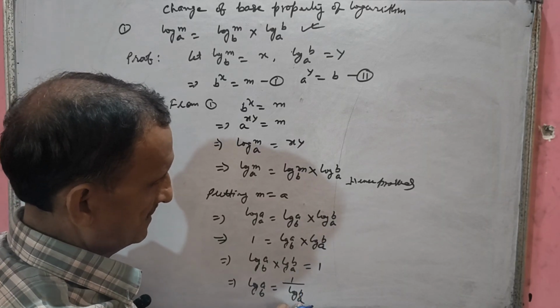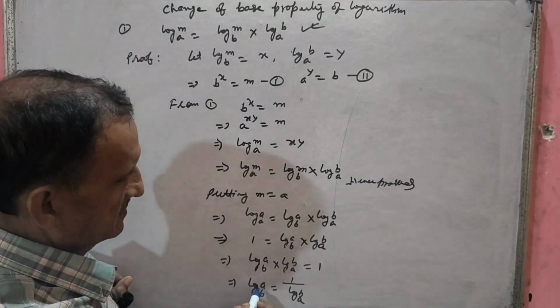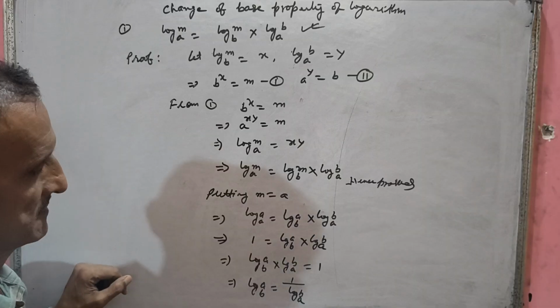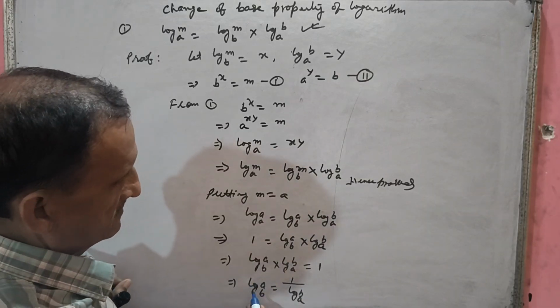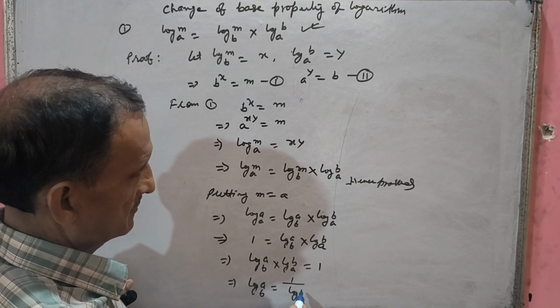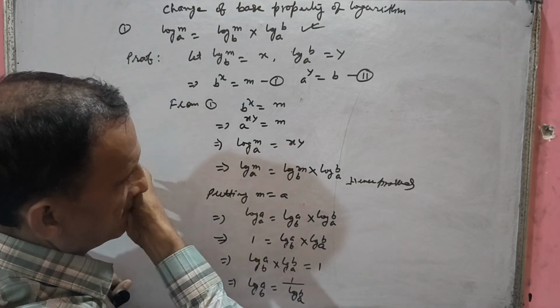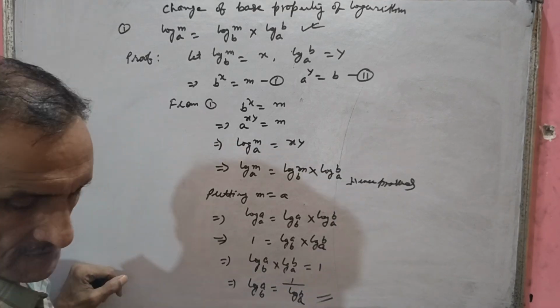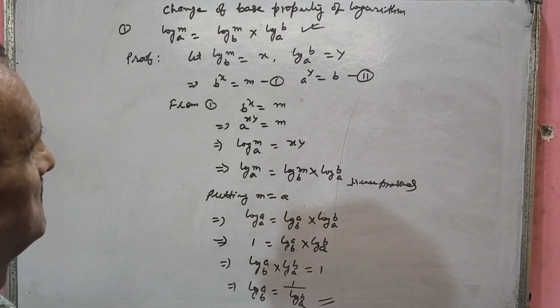Now what is the base here? a. So if you need to change the base of a logarithm while solving the exercises, you need to take the reciprocal. Log a to the base b will become 1 by log b to the base a. That's why this formula is called the change of base property of logarithm. This is important for both class 8 and 9.